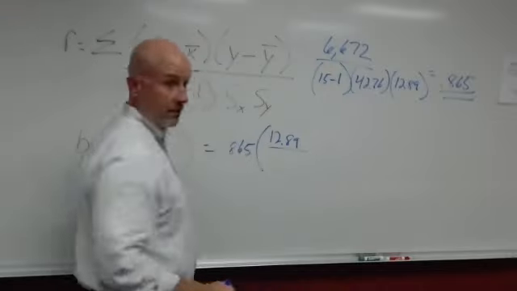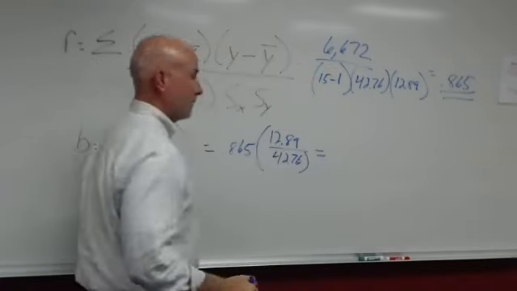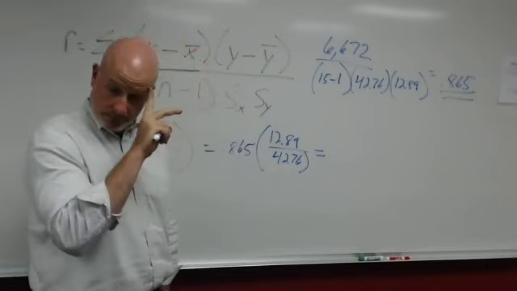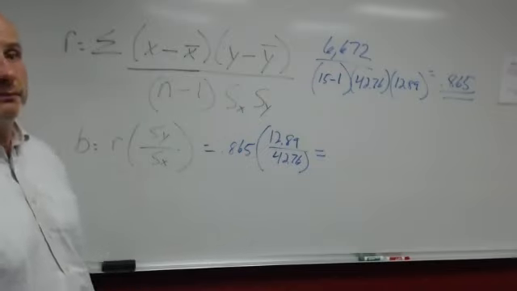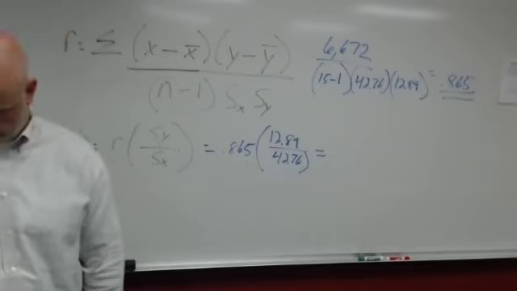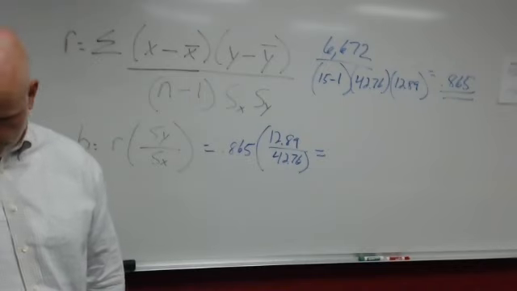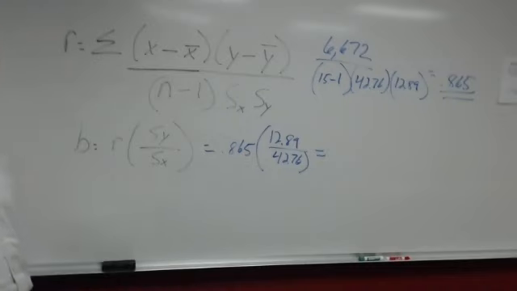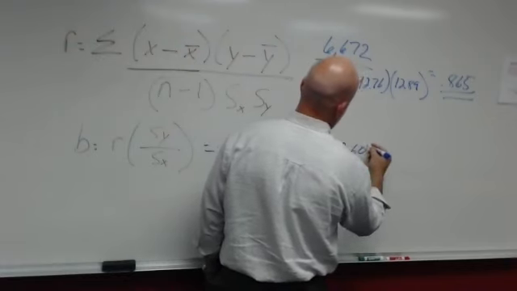Okay, now 42.76. 46. 0.2607 or 0.261. I don't know how many decimal spots you want to go out.